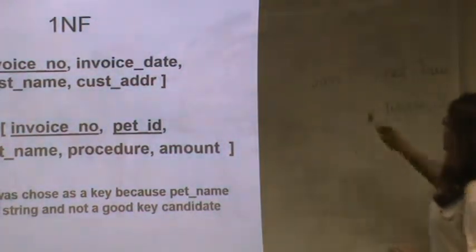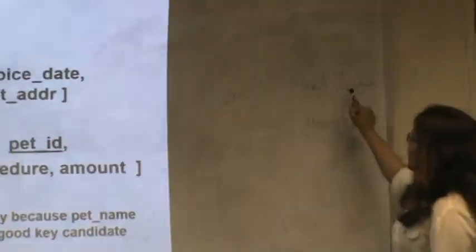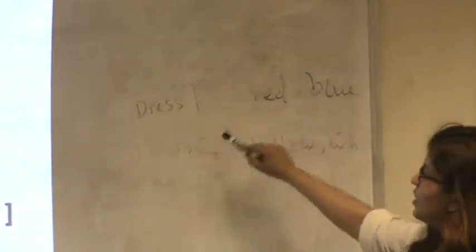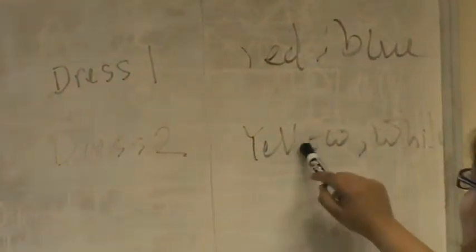Sometimes you can have a multi-valued column. Like dress 1 has red and blue together, separated by a comma, and dress 2 has separate values like yellow and white.